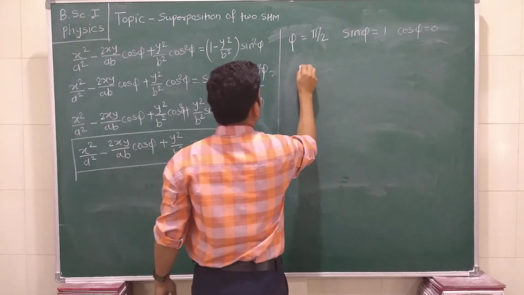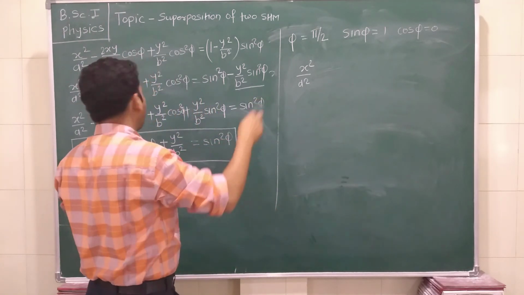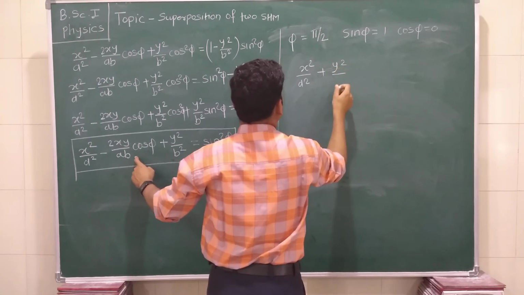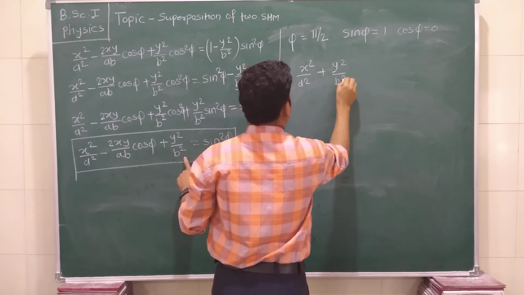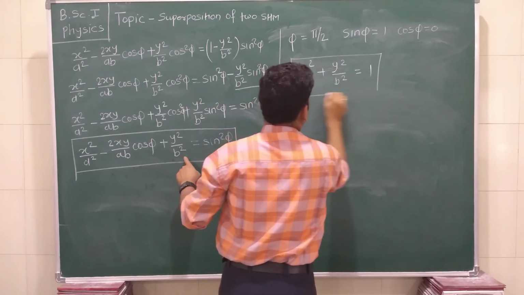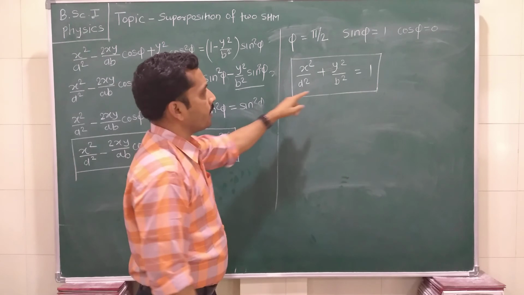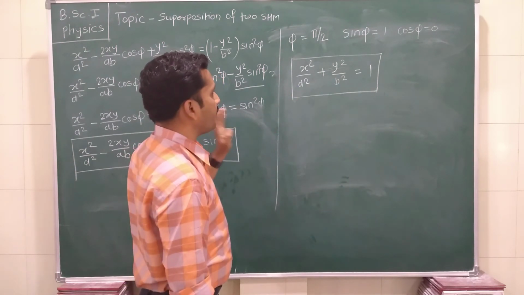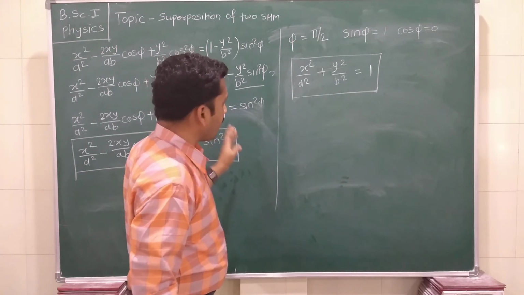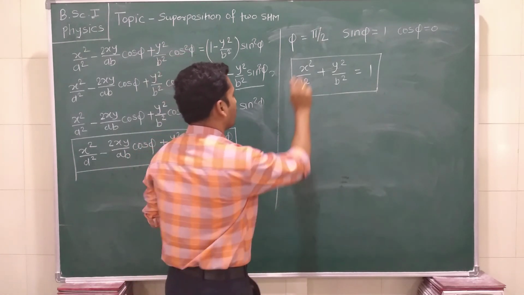So we get x²/a², and since cos φ is equal to 0, this term becomes 0, plus y²/b² is equal to 1. And what is this? This is the equation of a symmetrical ellipse having the minor and major axis equal to a and b respectively. So when the phase difference between the two mutually perpendicular SHM is π/2, we get a symmetrical ellipse.